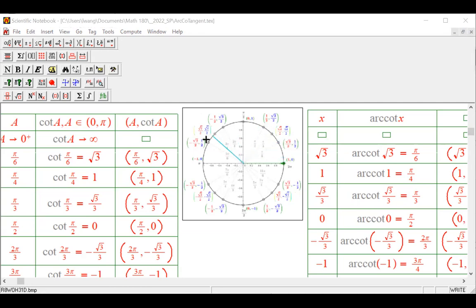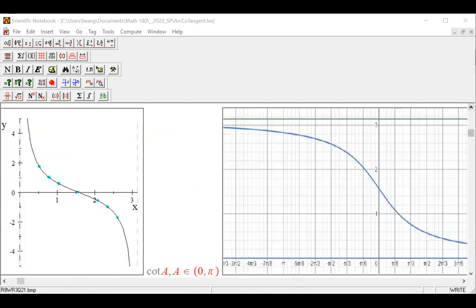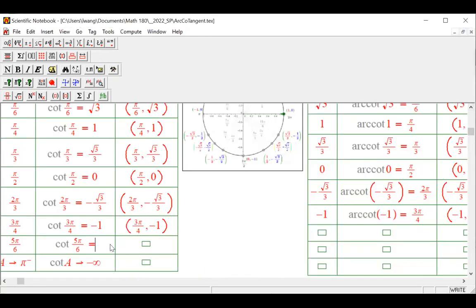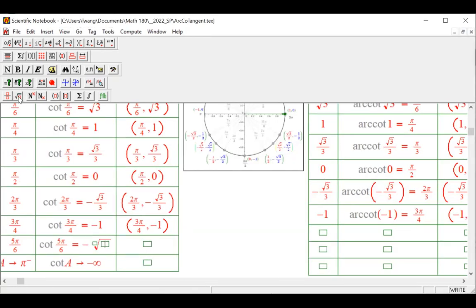We terminate over here, and that's the 5 pi over 6. On the terminal, we take that red number, divide by the blue number, and we're going to get -√3. So this is going to be -√3.